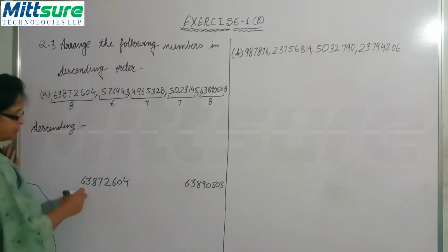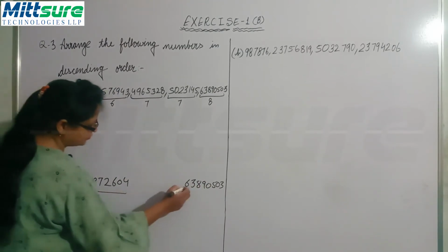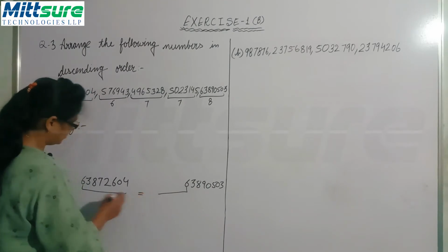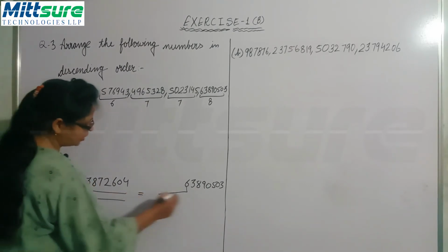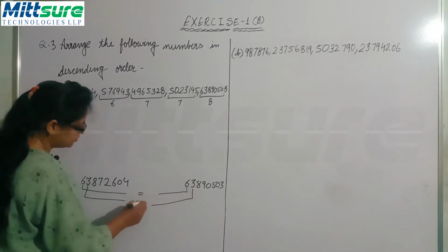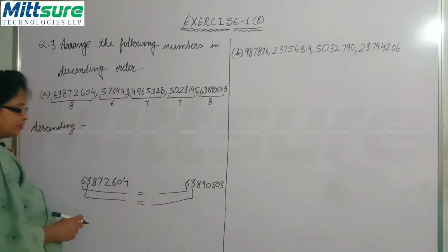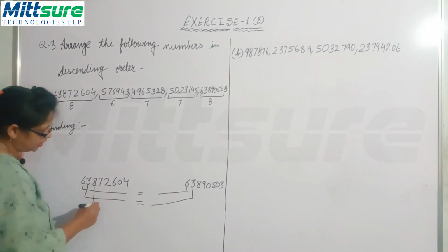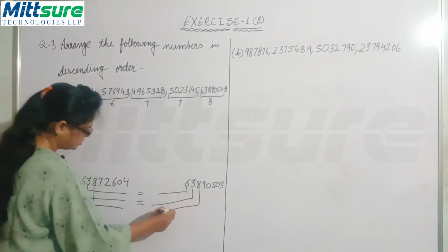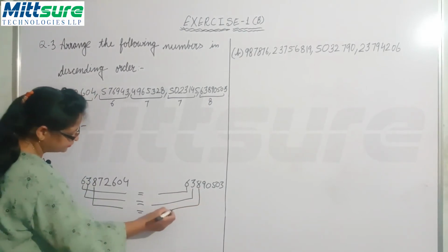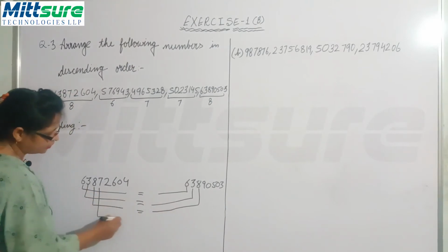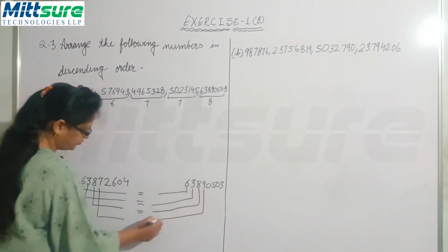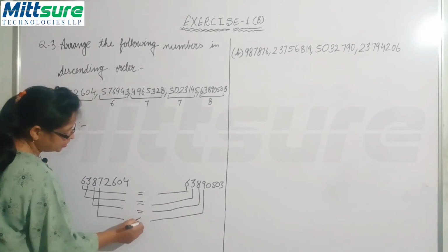Now we compare the leftmost digit first. It is equal, 3 and 3. The next digit is also equal, 8 and 8. The next is 7 and 9, so 9 is greater.